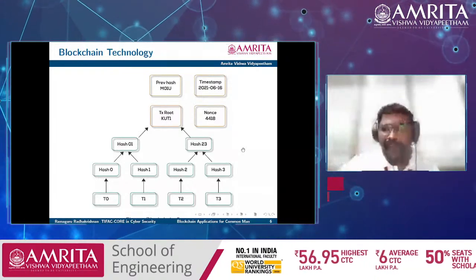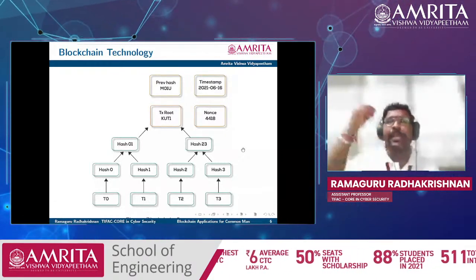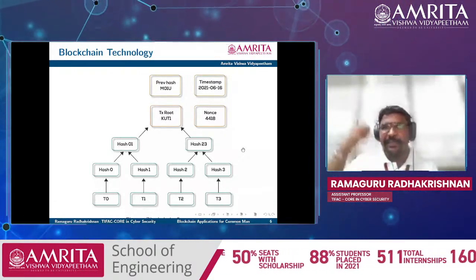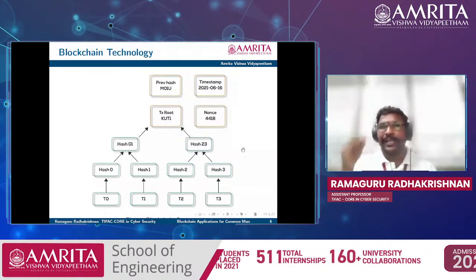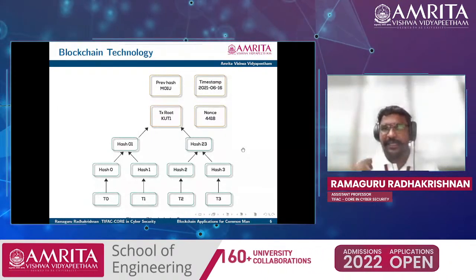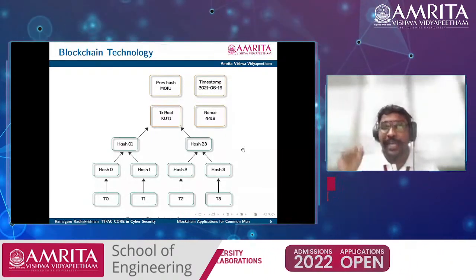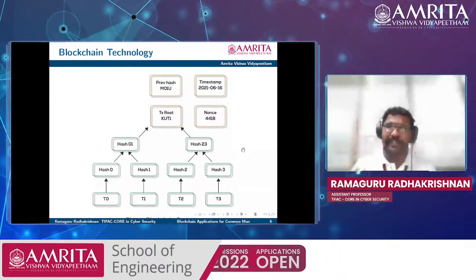Once this transfer happens, the bank's server will check whether the account numbers are correct, which means it is a valid account number. Then it will check whether the sender, which is me, has the required balance to transfer to the receiver.